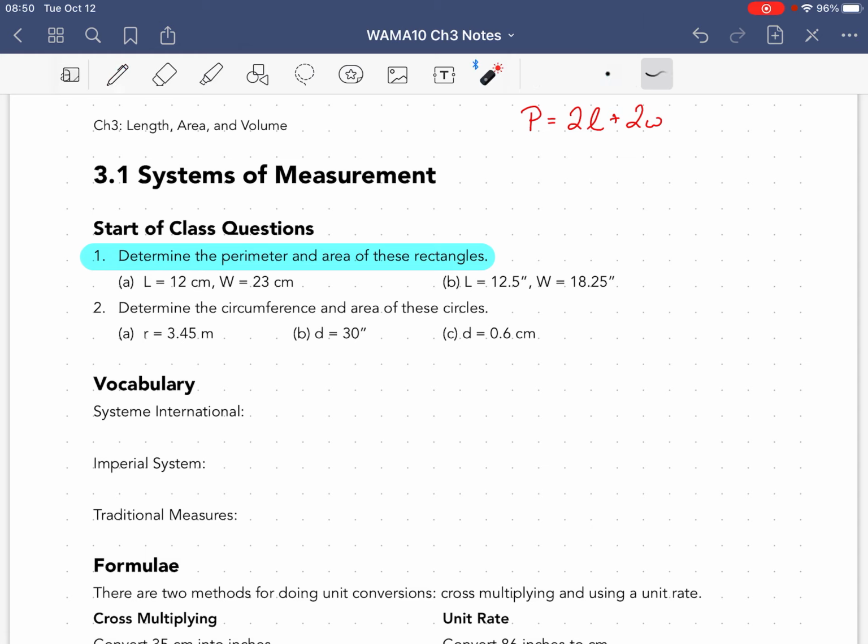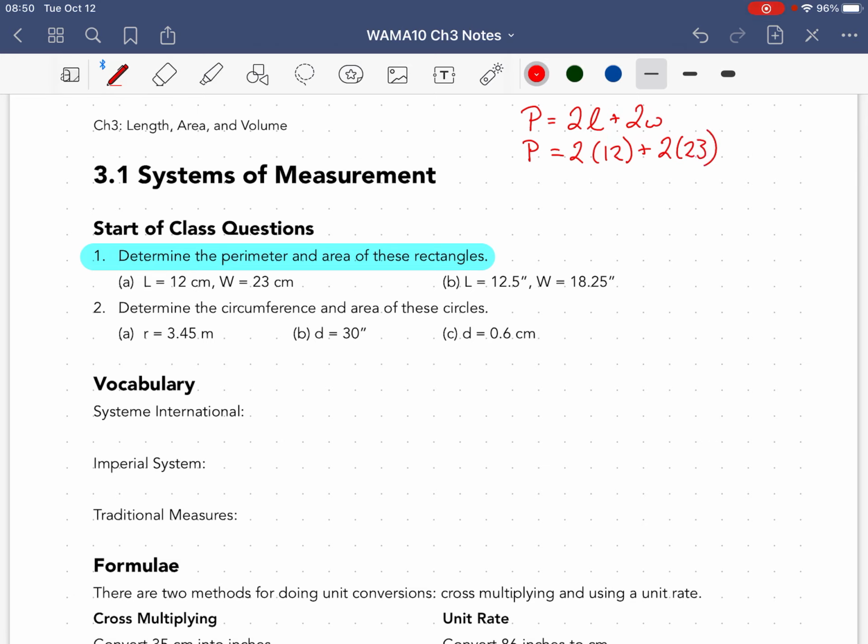And always do a check. This formula has 1, 2, 3 variables in it. I need to know 2 of those variables and I can find the third. So now I go to my question and I get perimeter is equal to 2 times 12 plus 2 times 23.